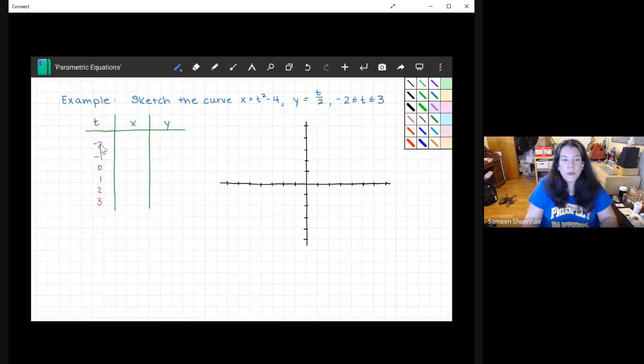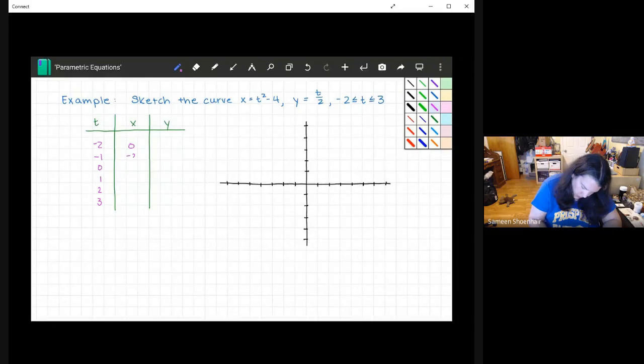And then we plug these values into x, and we have 0, -3, -4, -3, 0, and 5. Then when we plug all these values into the equation for y, we get -1, -1/2, 0, 1/2, 1, and 3/2.